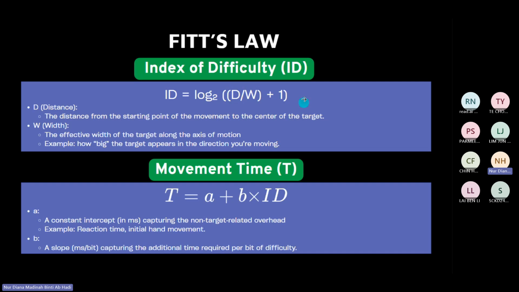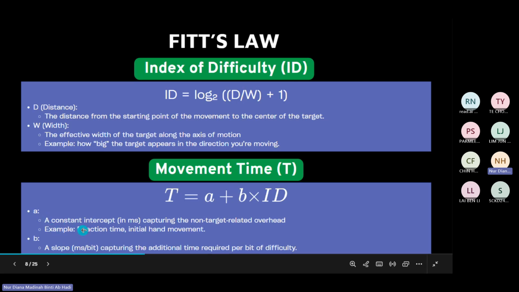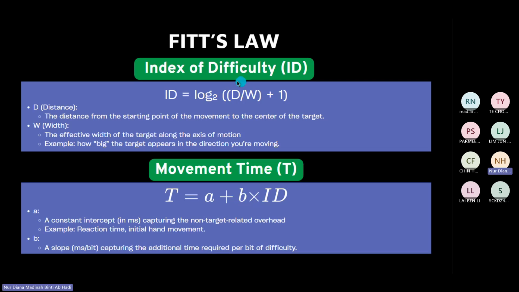From the index of difficulty formula, you can find out about the movement. A is a constant intercept and B is a slope, multiplied by your ID. So far, do you have any questions before we go to the calculation part?